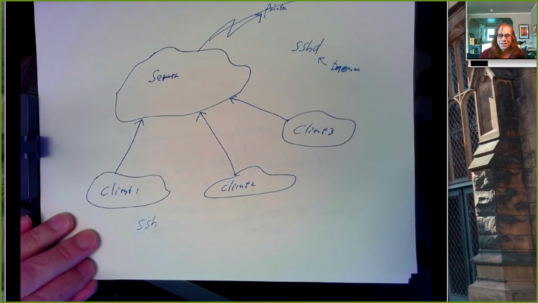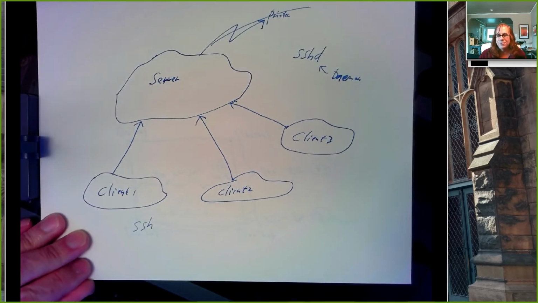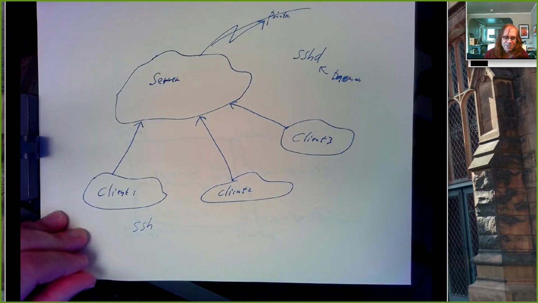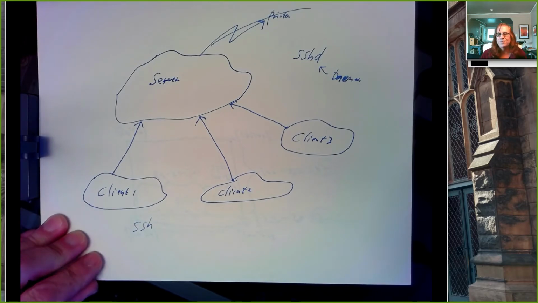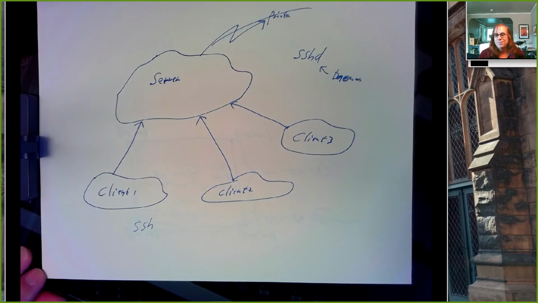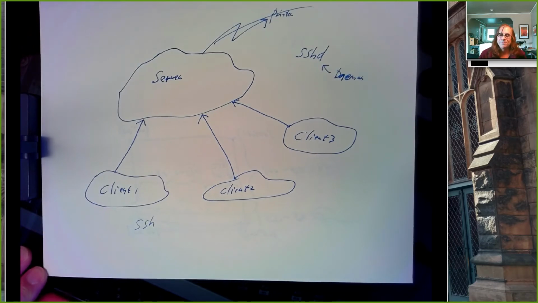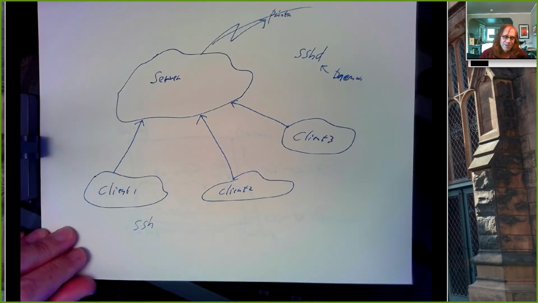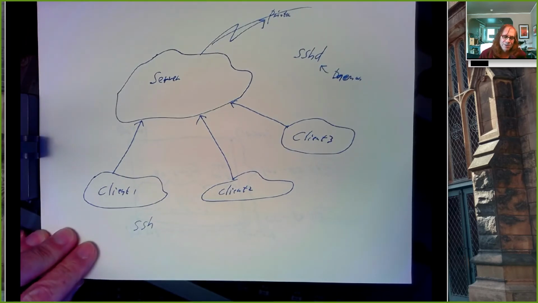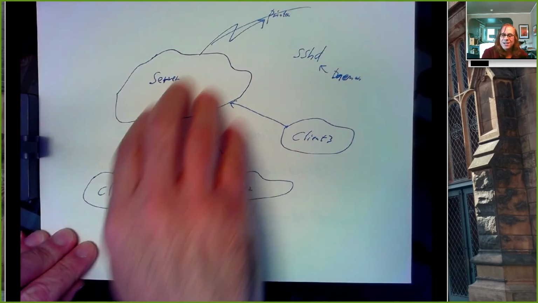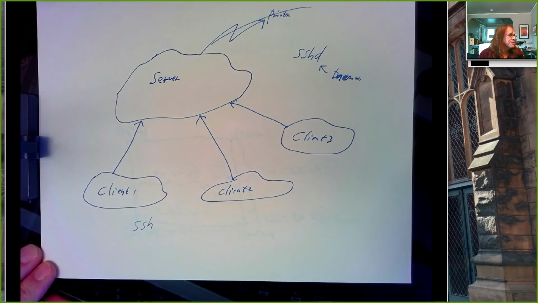Yeah, what do you want? I'd like to log in and run a shell on your machine. Okay, who are you? Oh, I'm Nick. Okay, prove to me that you have access. Send me something so that I know you're authorized. So you send off your public key, and it does something with that. Send off your private key, and it does something with that, and it says, okay, you're authorized, and it logs you in.